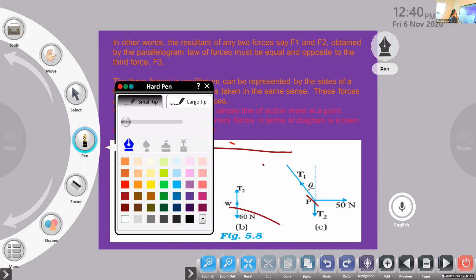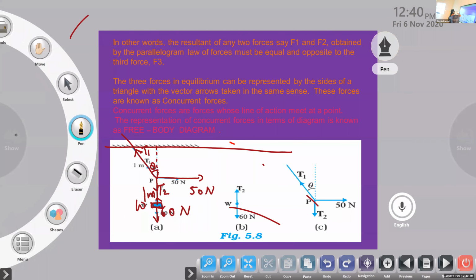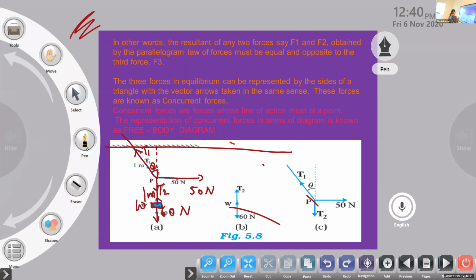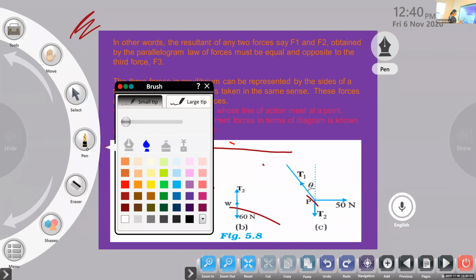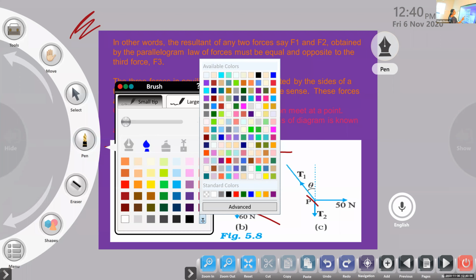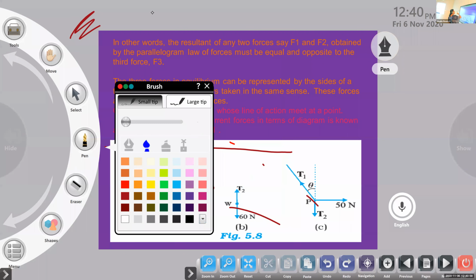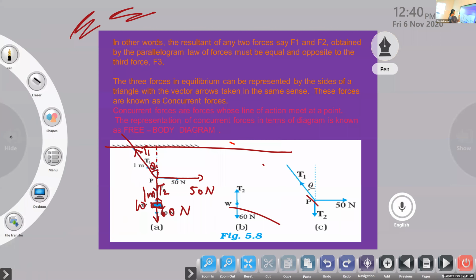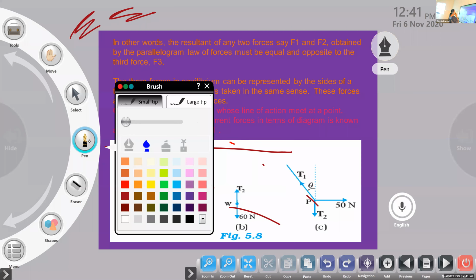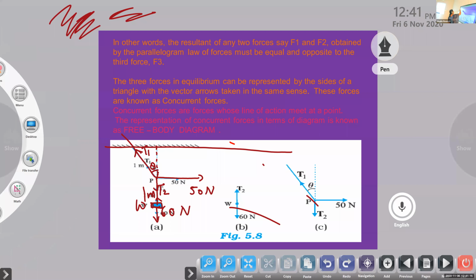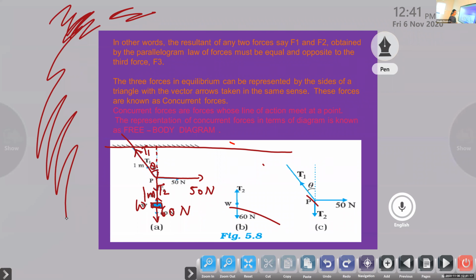Something is wrong, any color I pick, I am getting only one color. What is the problem with this? Something happened to the pen here. Any color, I am getting only one color.